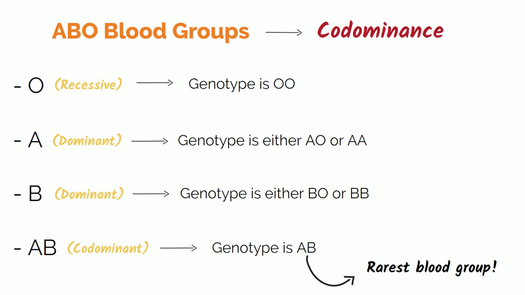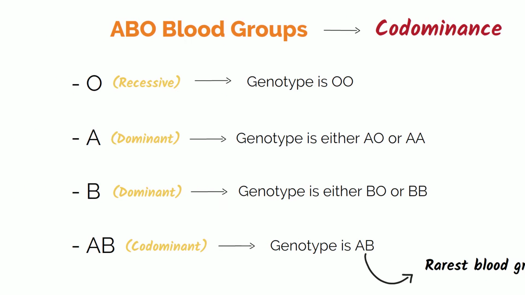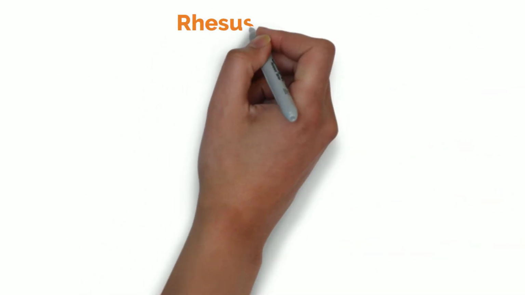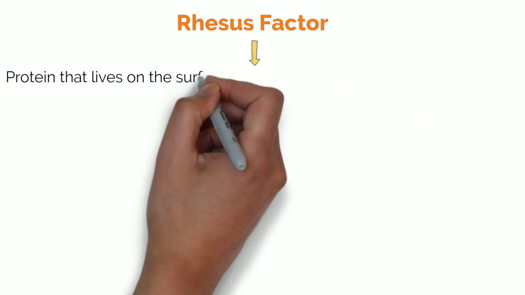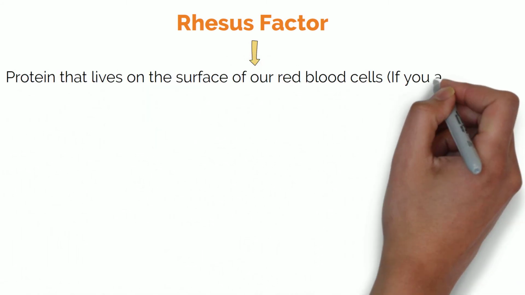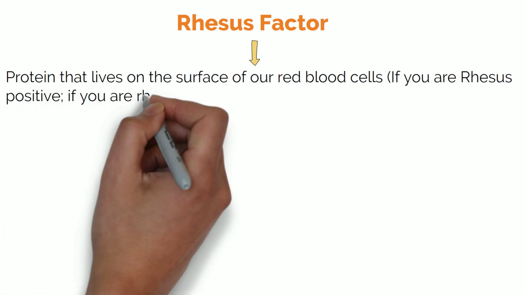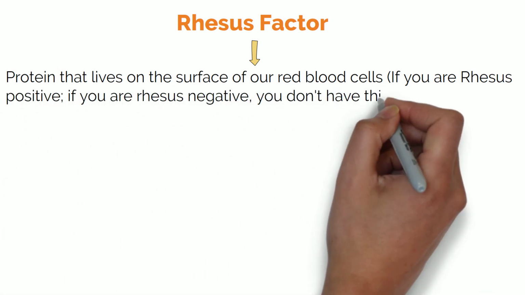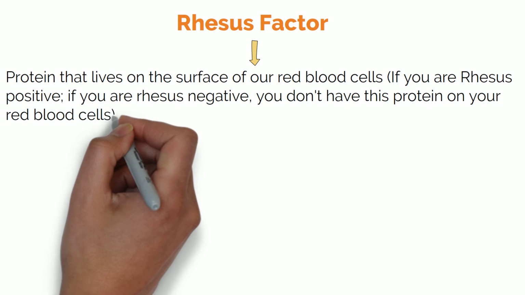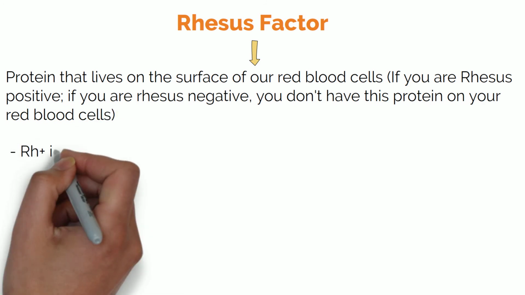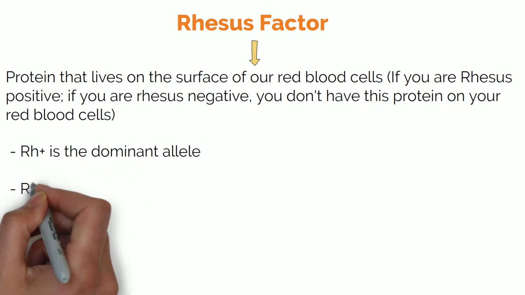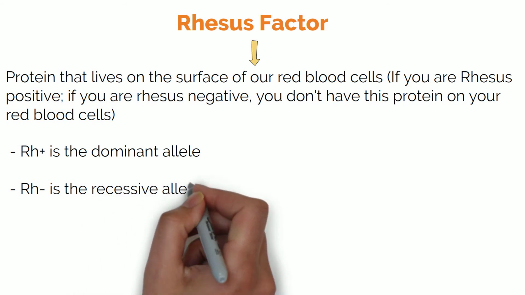Speaking of blood groups, you may have heard of being either a negative or positive blood group, like O negative. This is the rhesus factor, which is a protein that lives on the surface of our red blood cells, if you are rhesus positive, that is. If you are rhesus negative, then you don't possess this protein. The rhesus positive allele is dominant, and the rhesus negative allele is recessive.